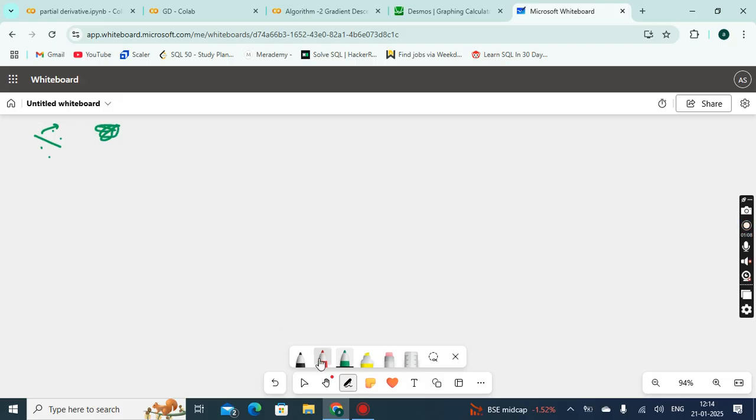So this intuition process is actually wrong. I will not say wrong, but it will take a lot of time. So we have directly reached the gradient descent types.